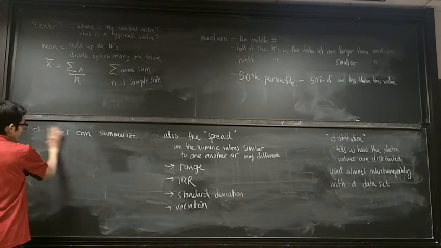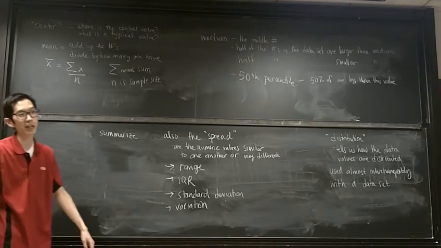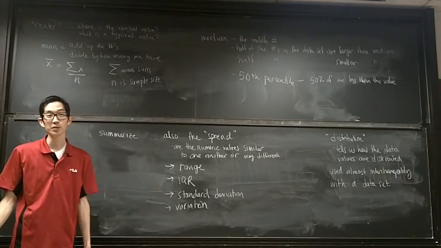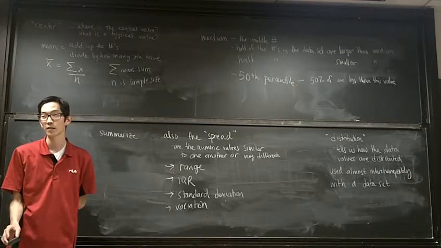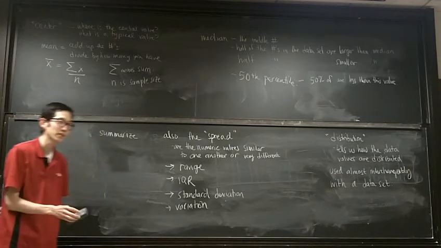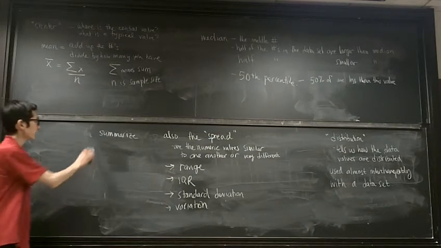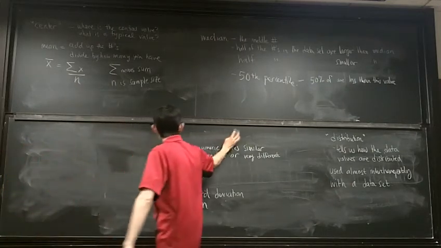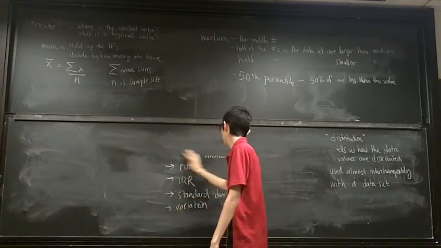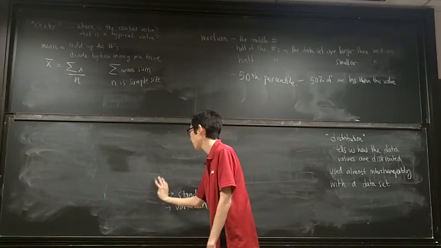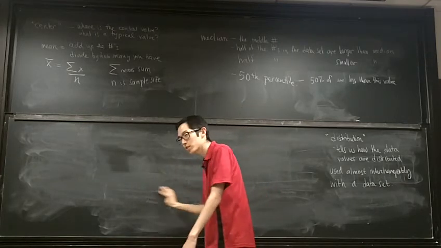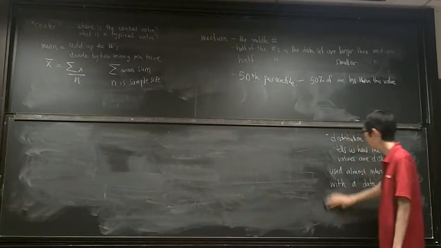So if somebody says they scored in the top 5%, that puts them in what percentile? The 95th percentile. If you are in the top 5%, you are in the 95th percentile. And if you're in the bottom 5%, you are at the 5th percentile, or lower.